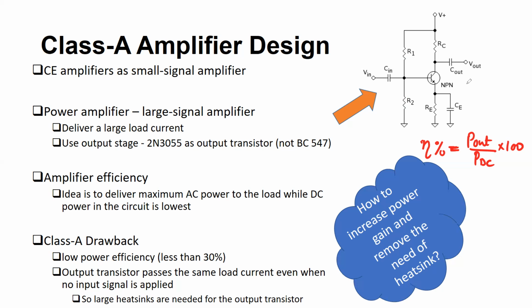Now the same circuit can also be used as a power amplifier. When you use it as a power amplifier, we say we want to use it as a large signal amplifier. You can use it as a small signal amplifier, that is fine, and as a large signal amplifier, it is also possible.